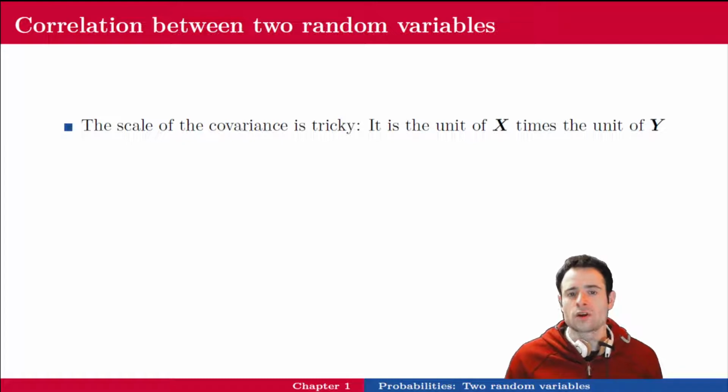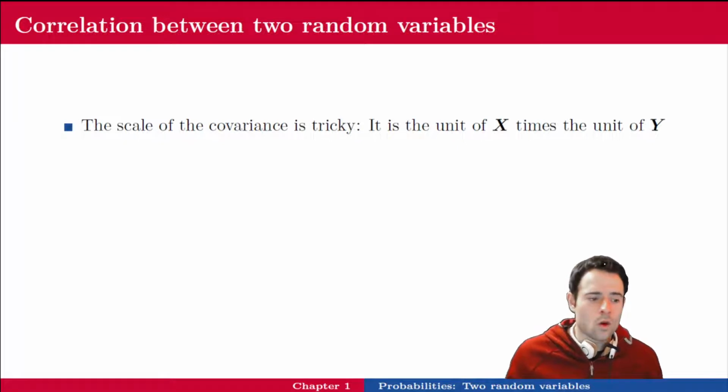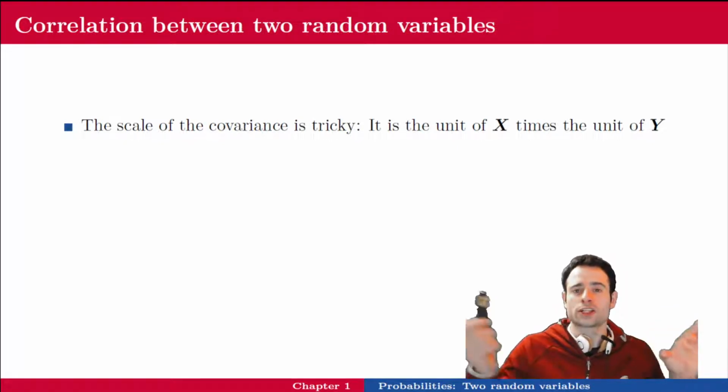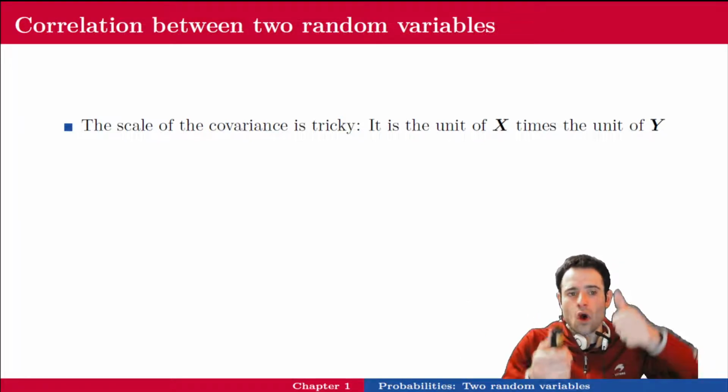It's kind of complicated to interpret. The only thing you can tell is, if the covariance is positive, when one is high, the other one tends to be high, or when one is low, the other one tends to be low. They are always going in the same direction. If the covariance is negative, it is opposite directions.